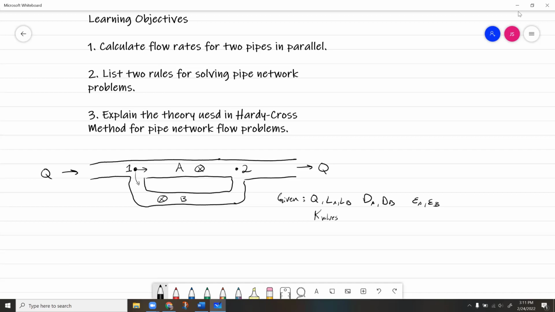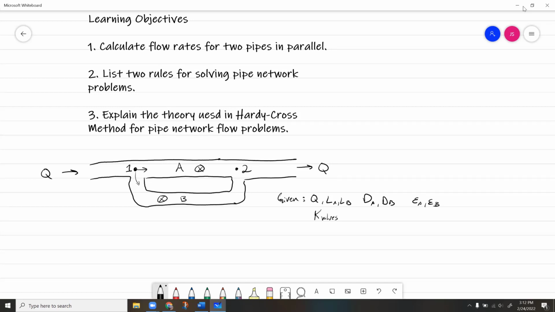So Gina, since you're on top, what's one equation you think we might be able to use to solve this problem? The continuity of mass equation. Great, that's a great one. Okay, and what would that look like?